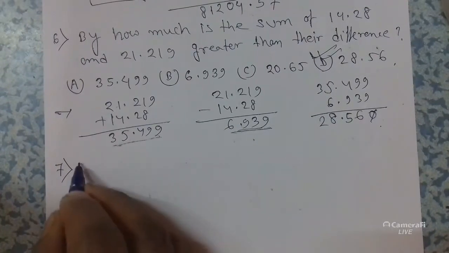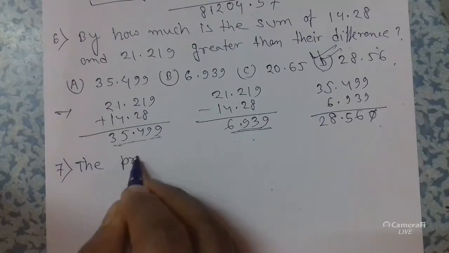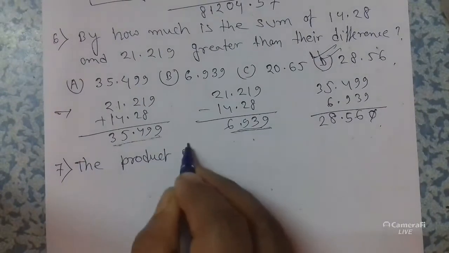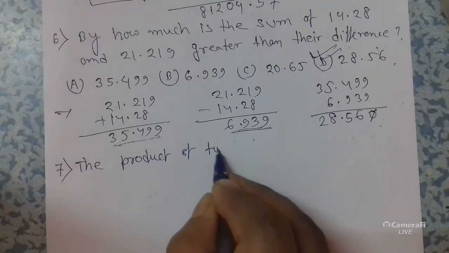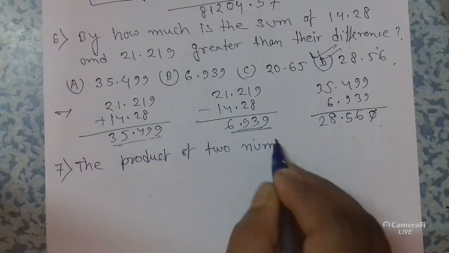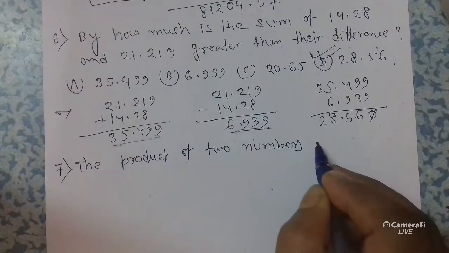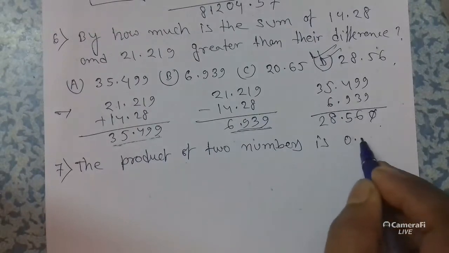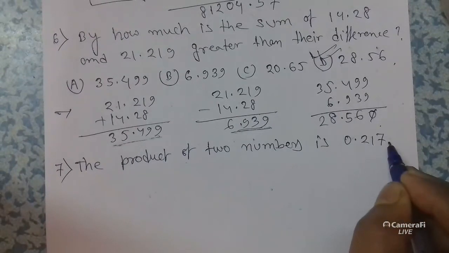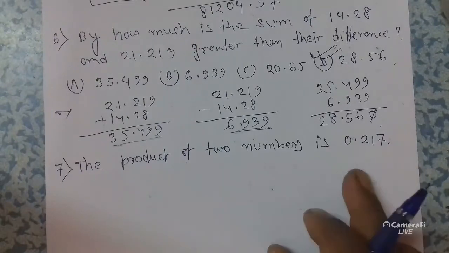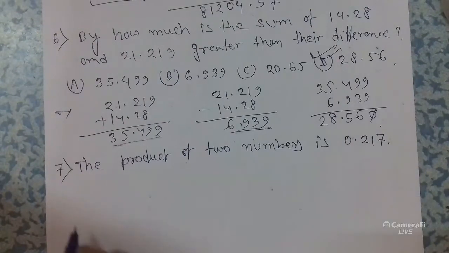The product of two numbers is 0.217. The product of two numbers is 0.217.